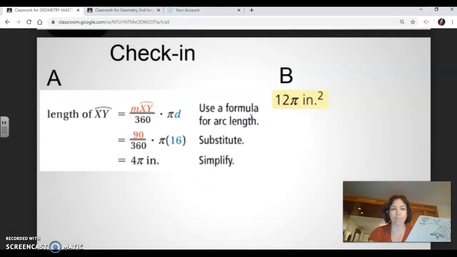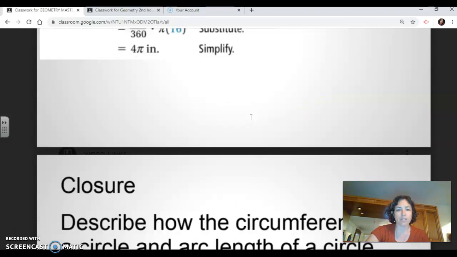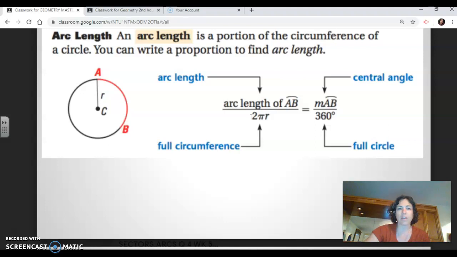Let me see. Okay, so on the first worksheet, I think we're done with that. One thing that I just want to add before I close is that you're just using your basic formulas on the first assignment.